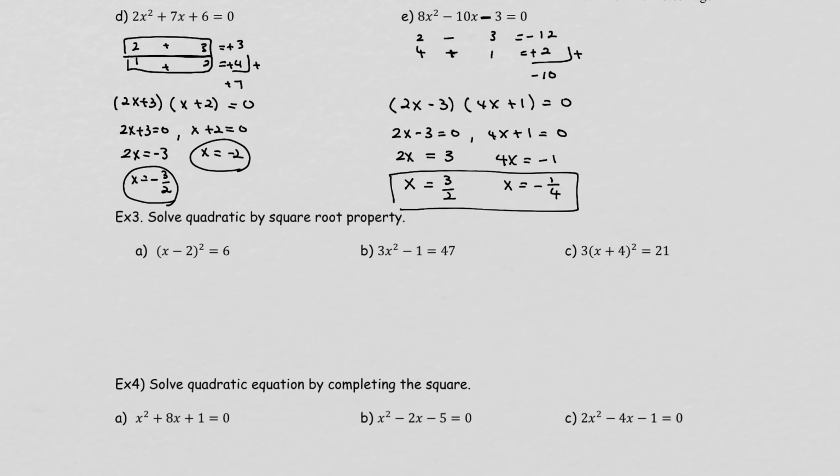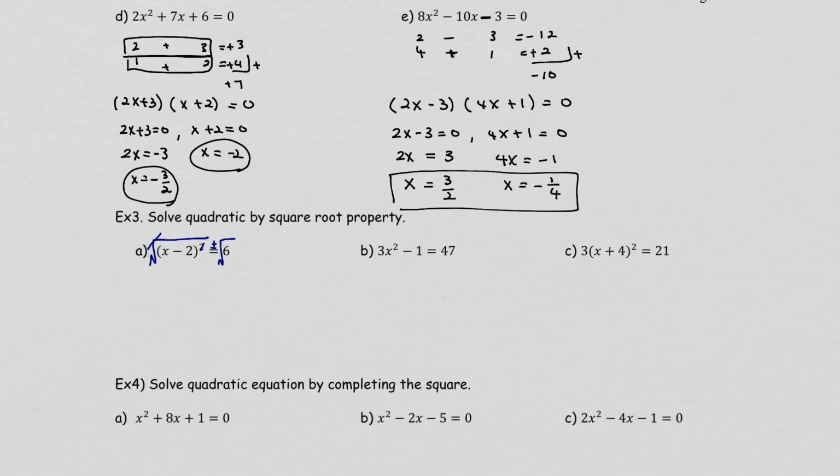So how do we do it? Once you have only one side with the square, then you can use the square root to cancel it out because they're inverses of each other, right? So when you do the square root on one side, you need to do the square root on the other side of the equation also, and make sure you put the plus minus sign.